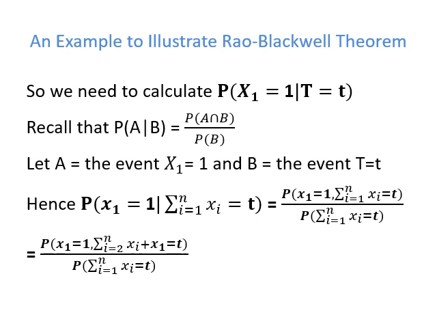Now notice something, that we cannot say that the event x1 equal 1 and the event summation xi equal t are independent. No, they are dependent. Why? Because in the first event we have x1 equal 1, and when we come to the summation xi from i equal 1 to n, it means x1 plus x2 plus x3 and so on till xn.